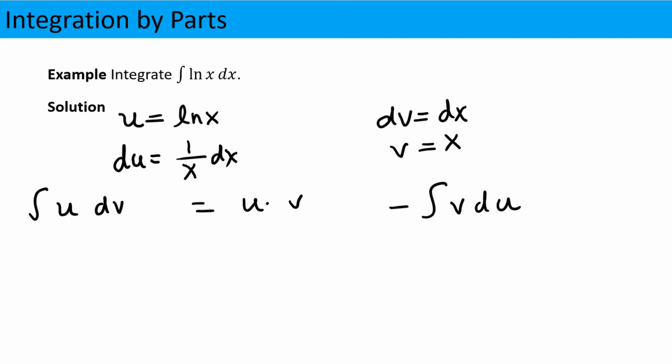Let's replace the stuff that's in u's and v's with the x corresponding terms. So the integral of u dv, u we put back in ln of x, and for dv we put back in dx. For u, we'll put back in ln of x.